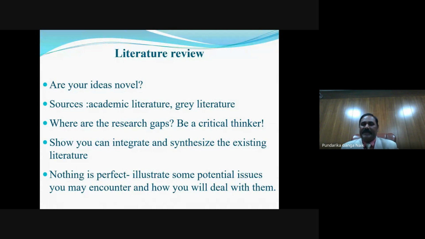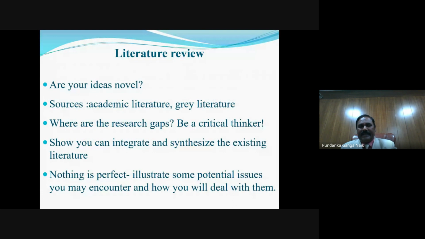It is not so easy. Therefore, you need to work hard. You have to update yourself. You need to gather the information and identify what exactly the research gap is, on which you are supposed to build your research proposal. So here, illustrate some potential issues you may encounter and how you will deal with them.